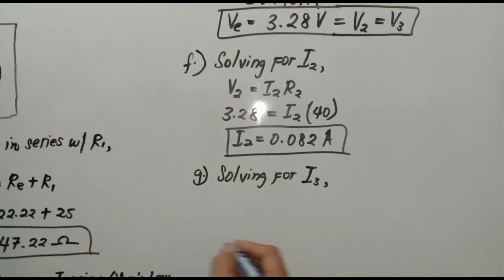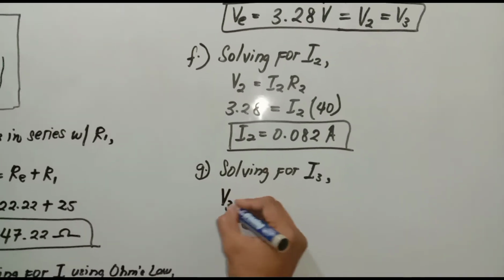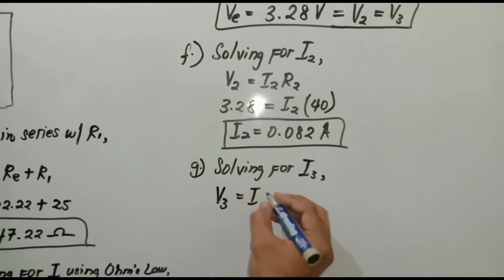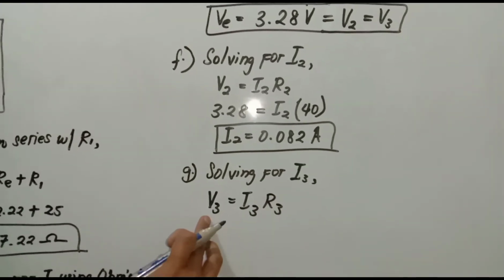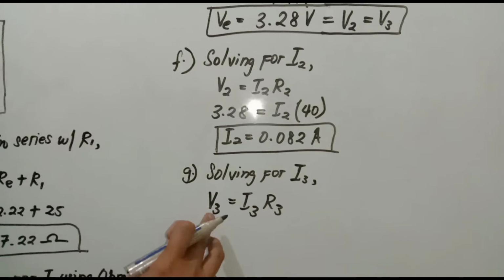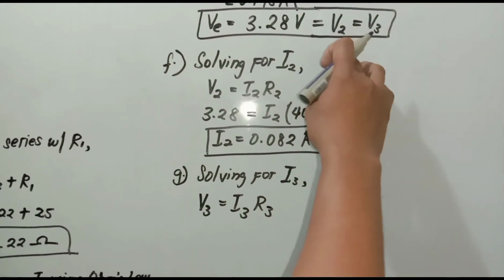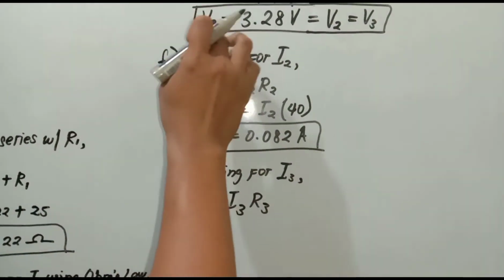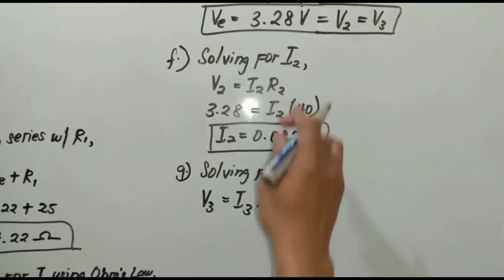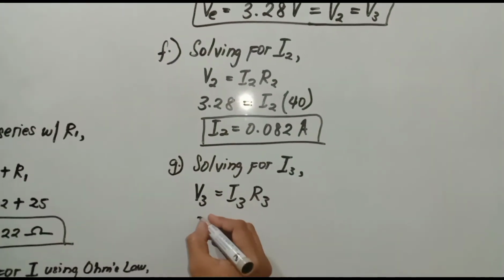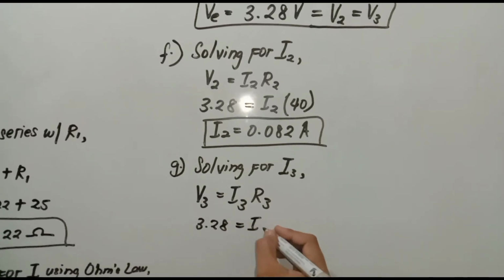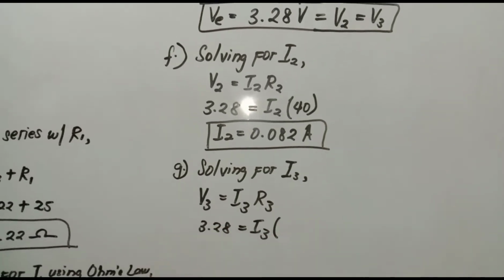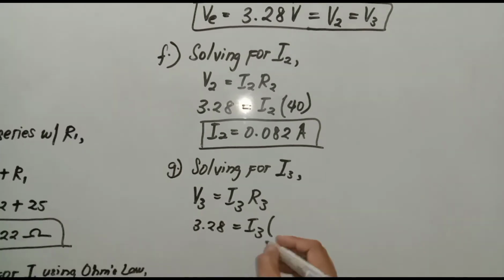So again, using Ohm's law, V3 is equal to I3 times resistor 3. Take note, guys, the voltage drop across resistor R3 is equal to V2, also equal to the equivalent voltage VE. So 3.28 is equal to I3 times R3. How much is R3? 50 ohms.